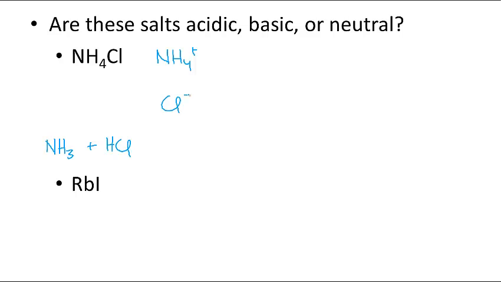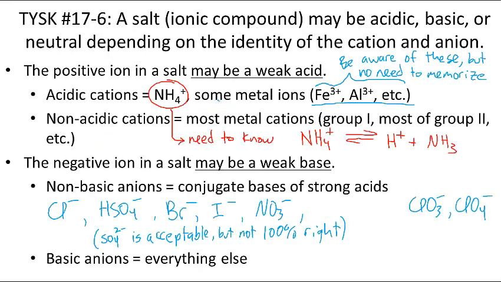So I would ask myself, is NH4+ acidic or not? It is acidic. Is Cl- basic or not? It's not basic because it's one of the ones on the list of non-basic anions.